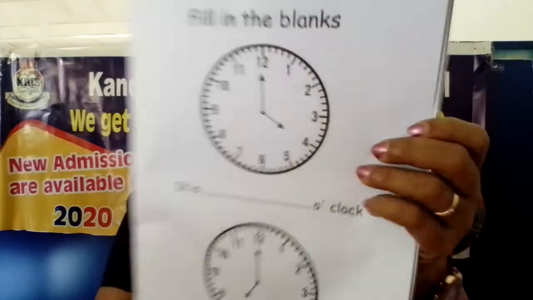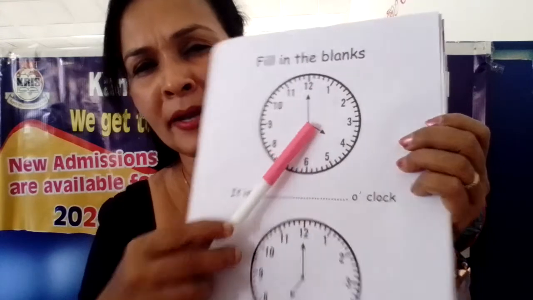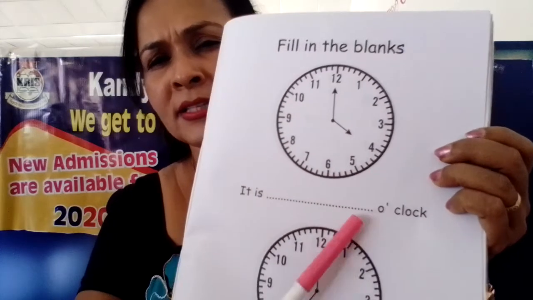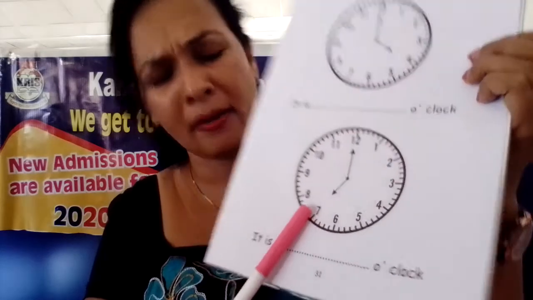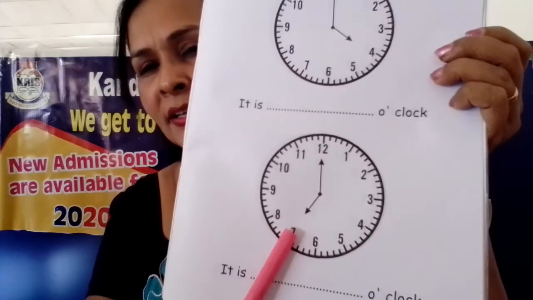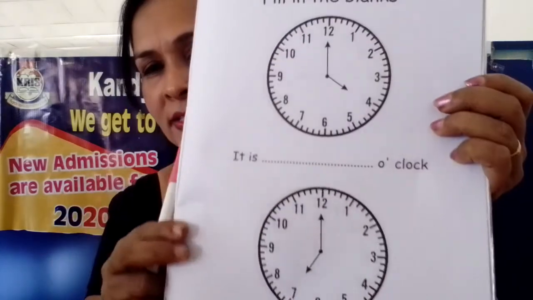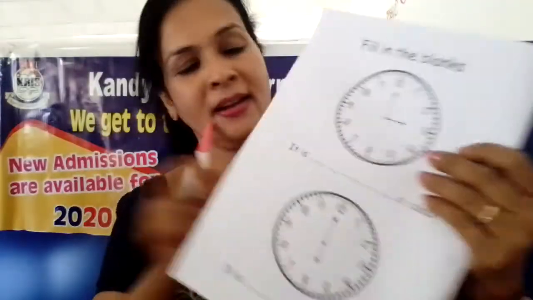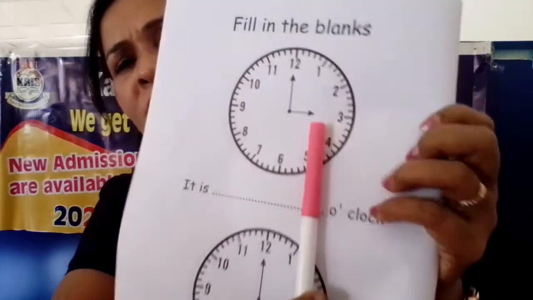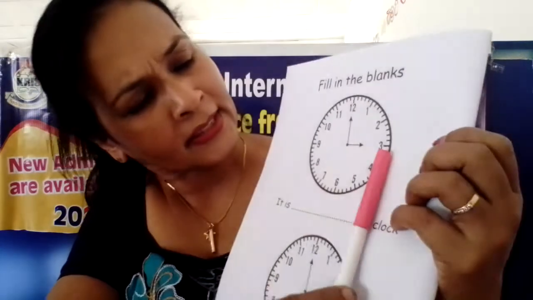Okay? Now see this one. Short hand nearby number 4. It's 4 o'clock. Short hand nearby number 7. It's 7 o'clock. You should have to put the numbers. Okay? Now see here. Short hand nearby number 3.